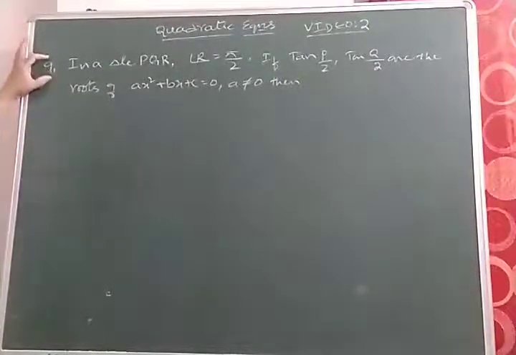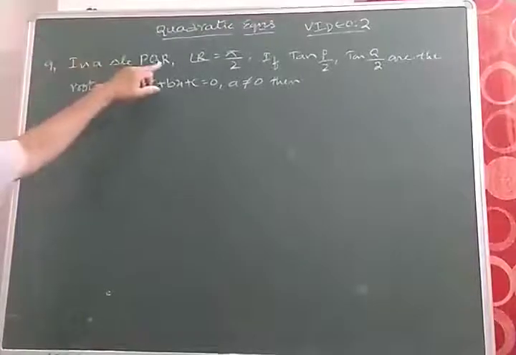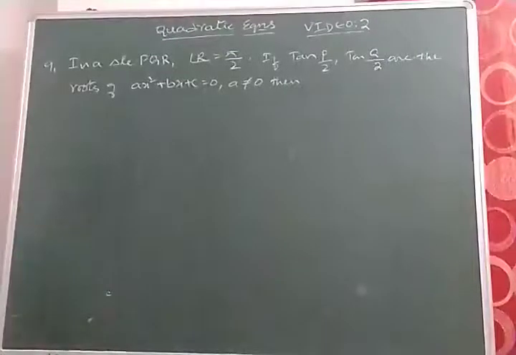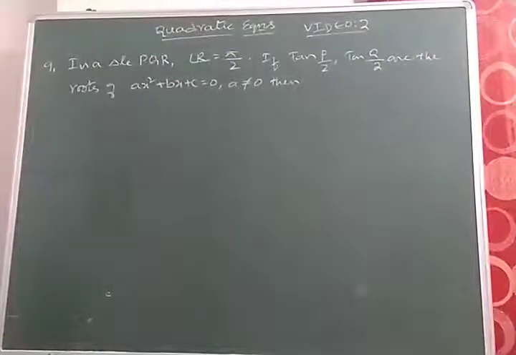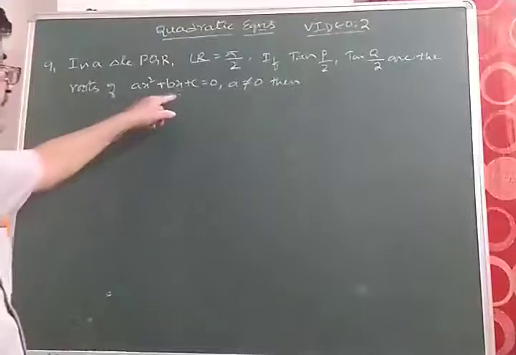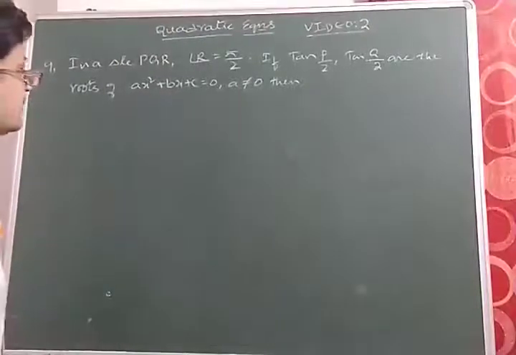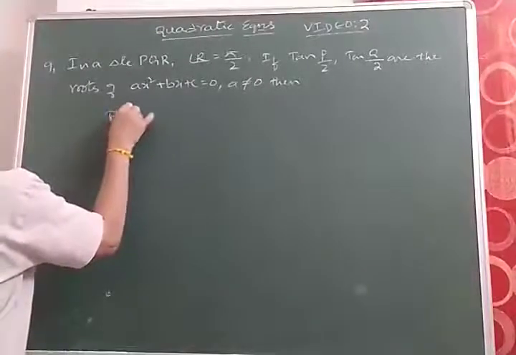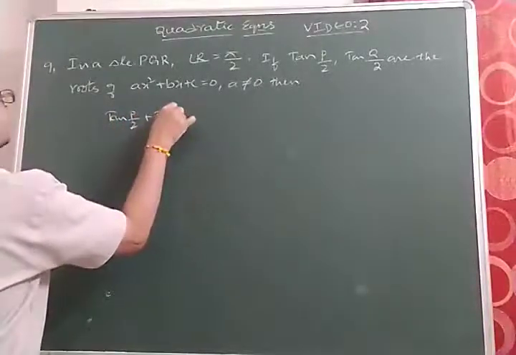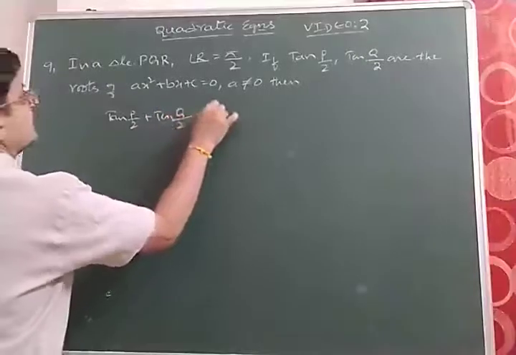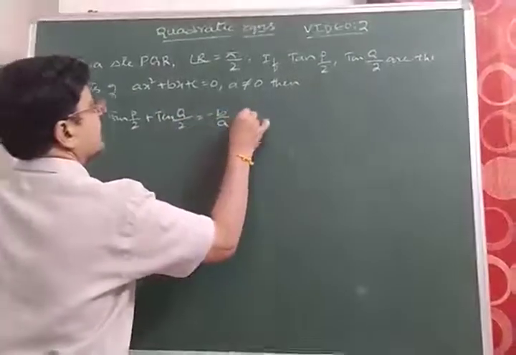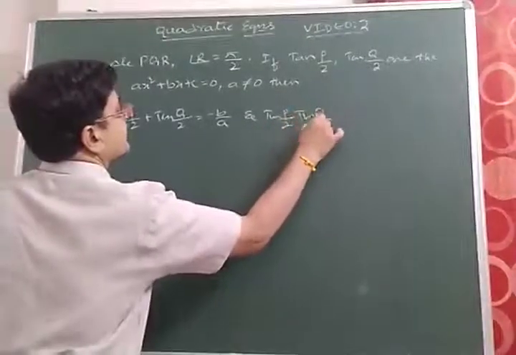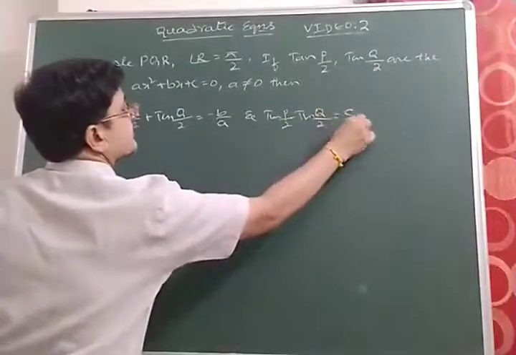Ninth question. In a triangle PQR, angle R is 90 degrees. If tan p by 2, tan q by 2 are the roots of ax square plus bx plus c is equal to 0, then that means sum of the roots tan p by 2 plus tan q by 2 is equal to minus b by a, and product of the roots tan p by 2 into tan q by 2 is equal to c by a.